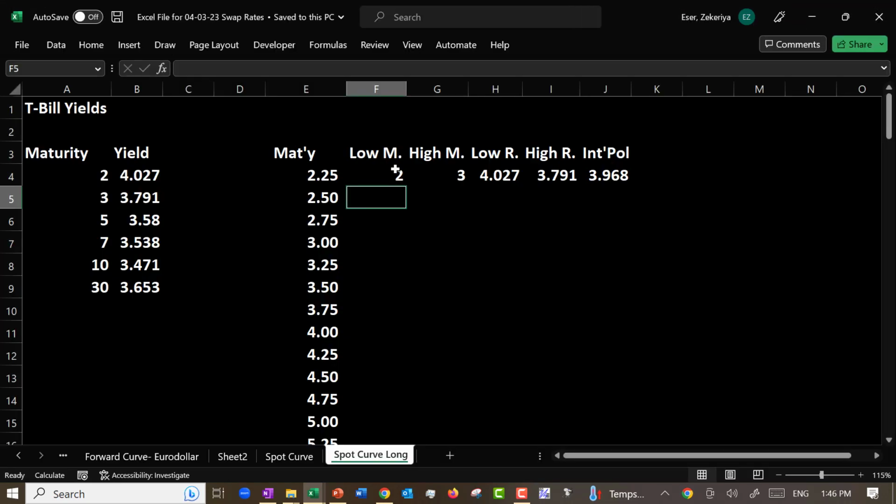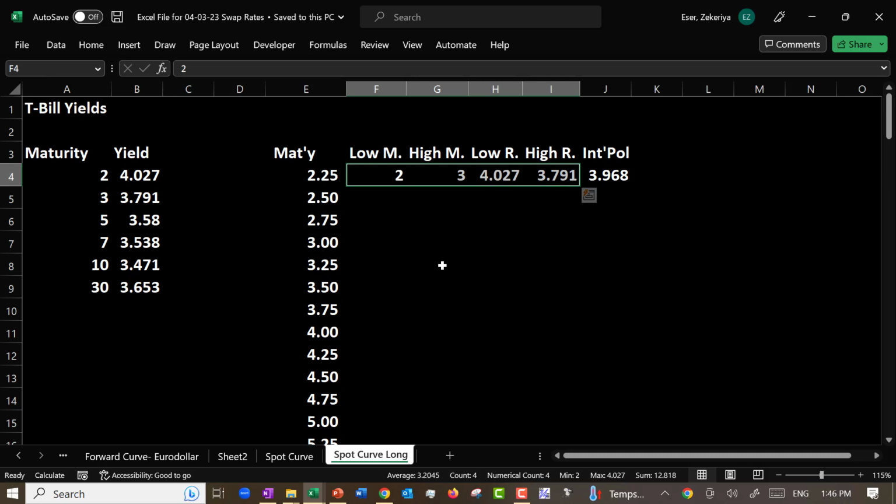So we're gonna figure out an Excel formula to get those numbers. Here I'm gonna make use of VLOOKUP.